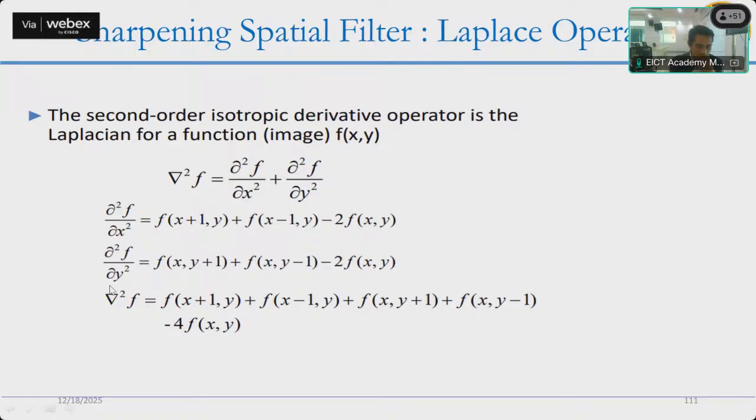So overall, if you want to calculate del square f, it means we are adding all these four values, and from both these terms it will lead to minus 4 f(x, y).